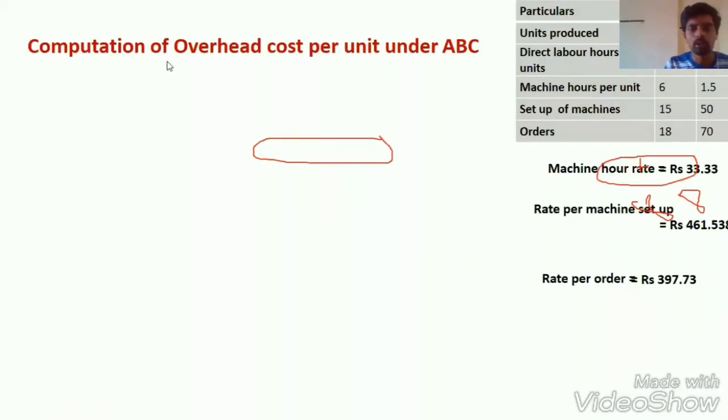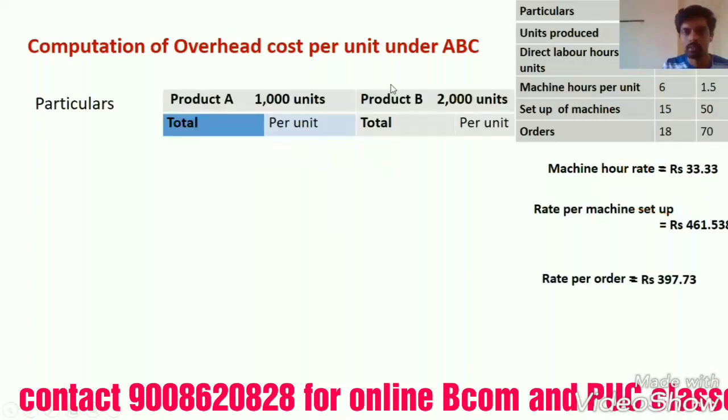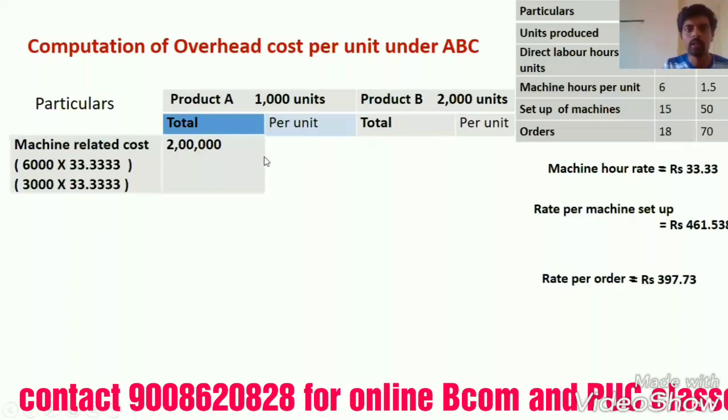So we are finding the overhead cost under ABC, activity based costing. So I'll make columns like this: particulars, product A and then product B. See, A, we have manufactured 1000 units, right? And to make 1 unit, we need 6 hours here, correct? So to make 1000 units, we need to spend 6000 hours, correct?